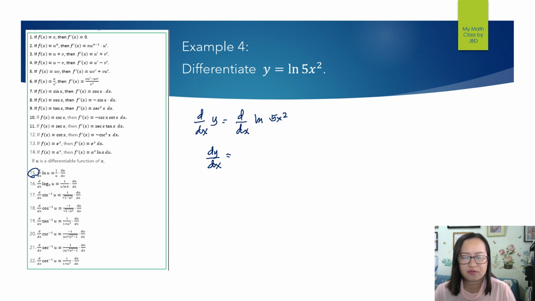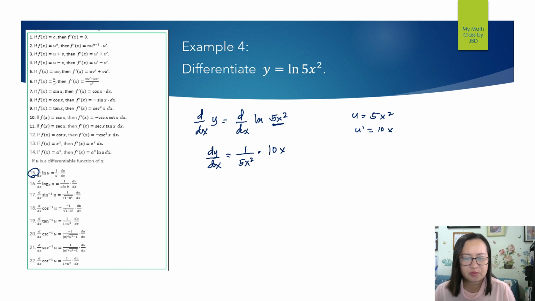So we will have u equal to 5x squared. So u prime would be 10x. Now we will have 1 over 5x squared times 10x.